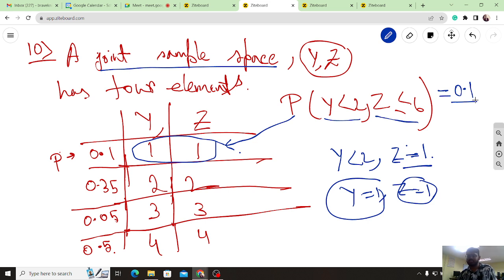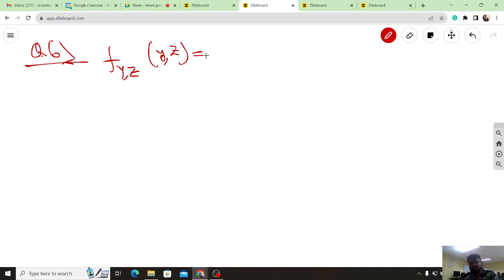Okay, question 6 I have to repeat once, right? So okay. Question 6 8, we have given a probability density function, f of y, z is equal to 1 by 12 e to the power minus y by 4 minus z by 3, and unit step function u of y and u of z.